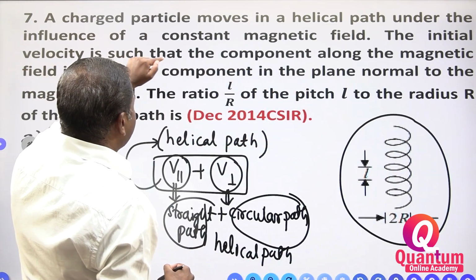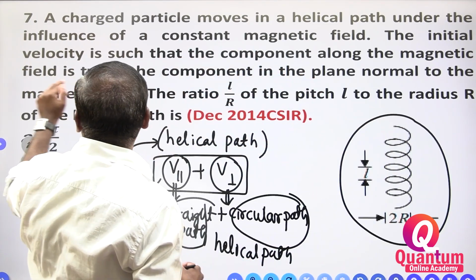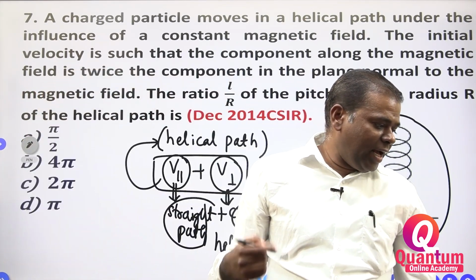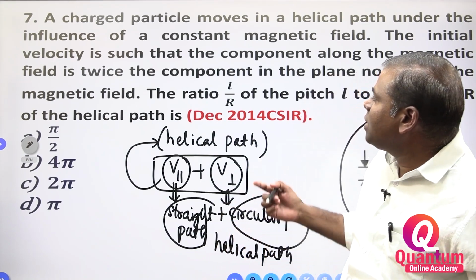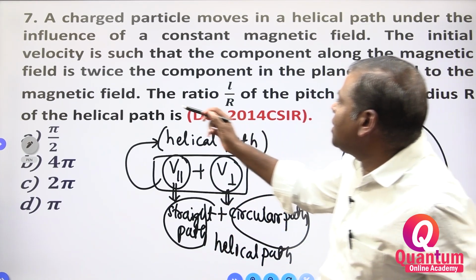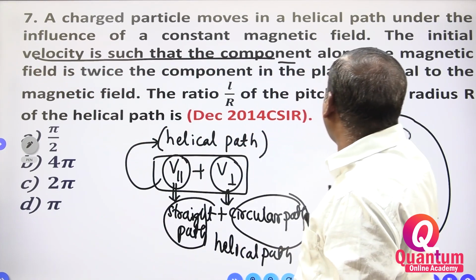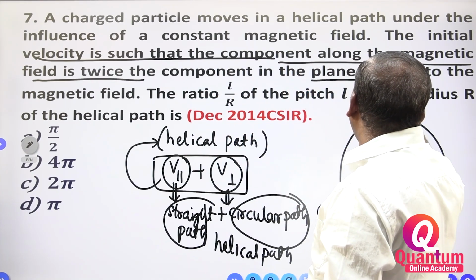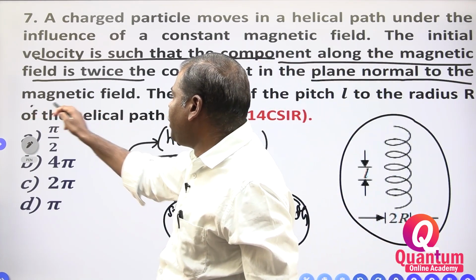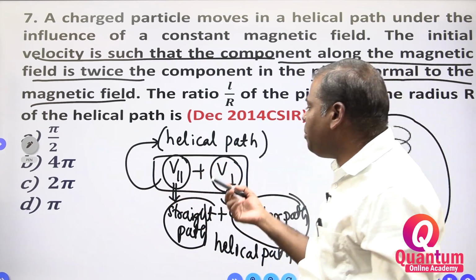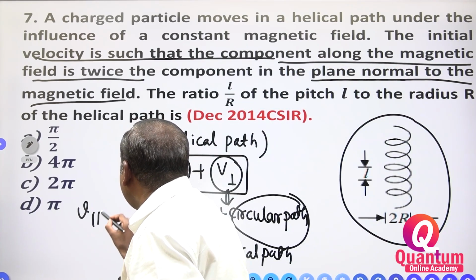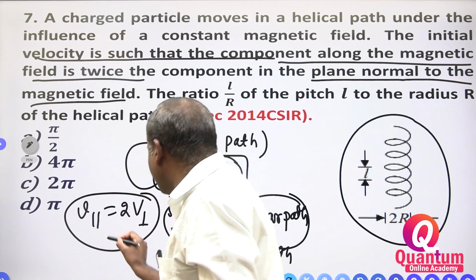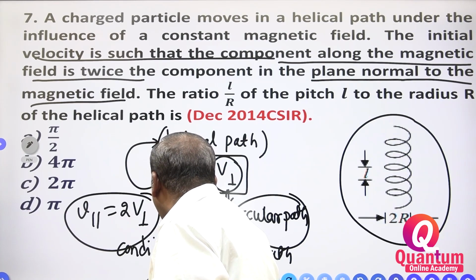The initial velocity is such that the component along the magnetic field is twice the component in the plane normal to the magnetic field. What they are giving? V parallel is equal to 2 into V perpendicular.